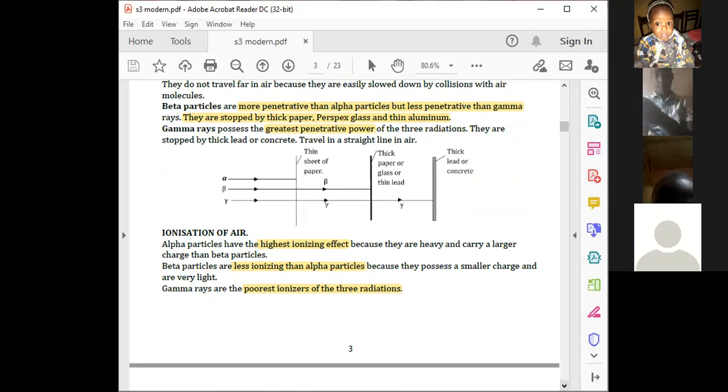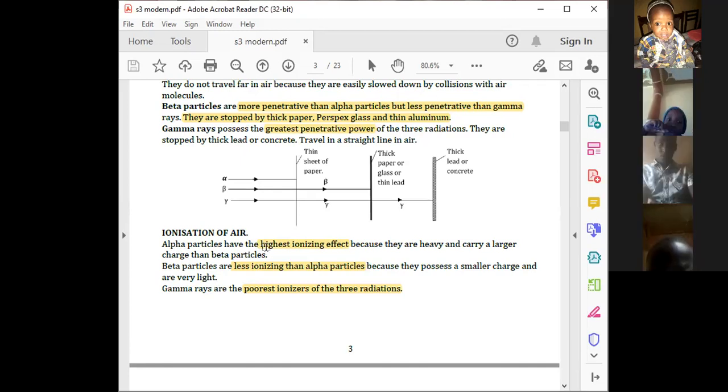Now, under ionization of air, we are saying alpha particles had a low penetrating power. This side is the opposite. So the less you penetrate, the higher you get ionizing.